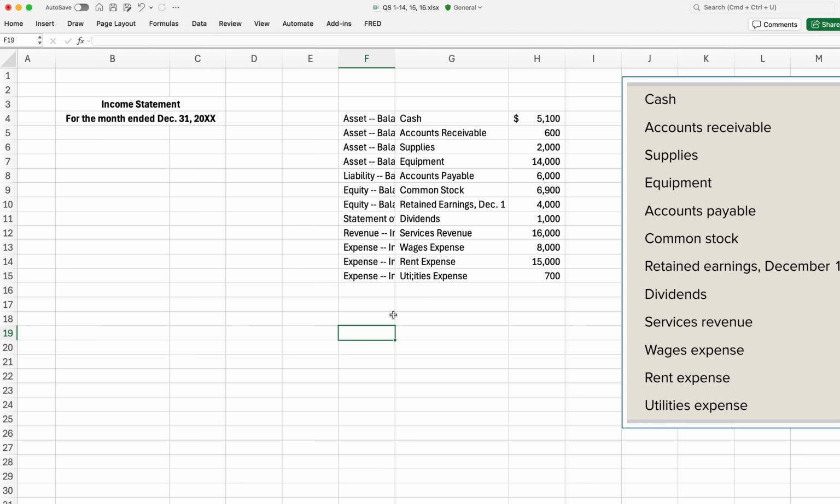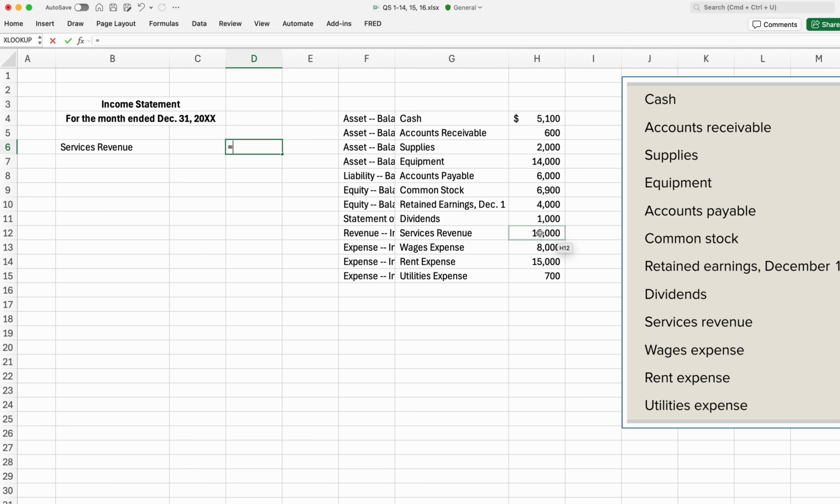So with that in mind, let's fix this. There we go. With that in mind, let's create an income statement. So with income statements, we always begin with revenue, with sales. So we have service revenue that is coming into the business. Now, one thing I'm going to do is show you this.